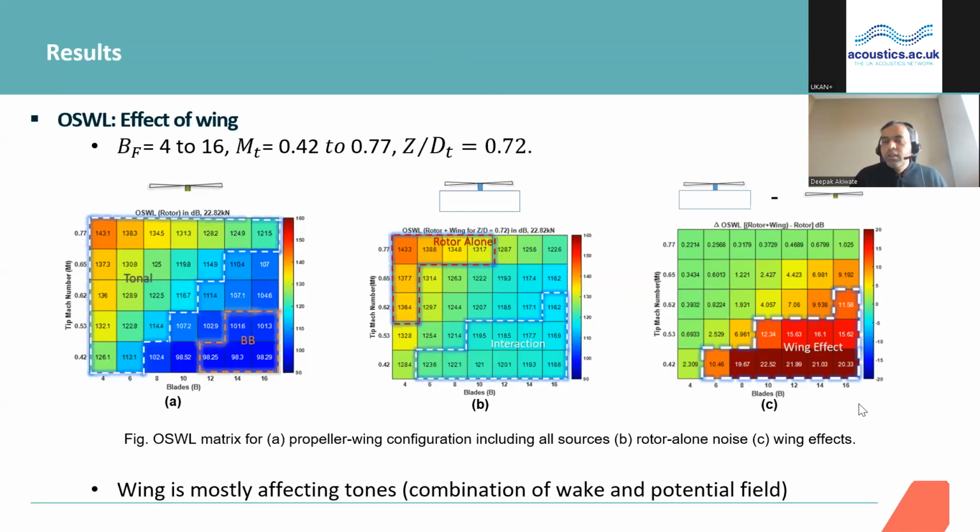That means the tonal wake and the potential field emerge as the dominant noise source mechanism at high blade number and tip speeds. So one can say that for an isolated propeller, the configuration will be quieter at the higher blade number and low tip speed, but it may not be the case when you mount the rotor close to a wing.